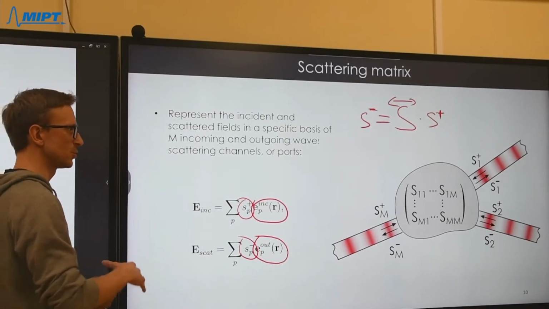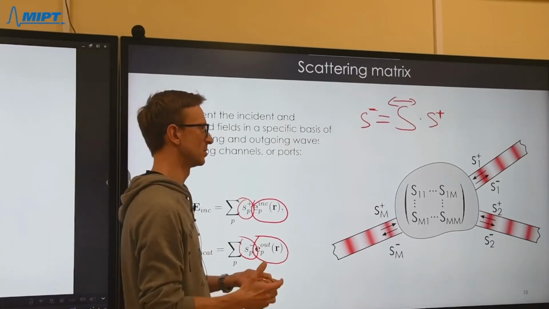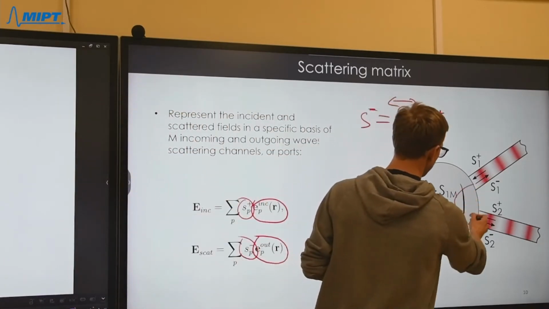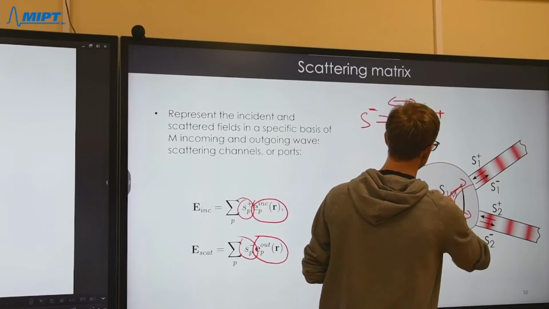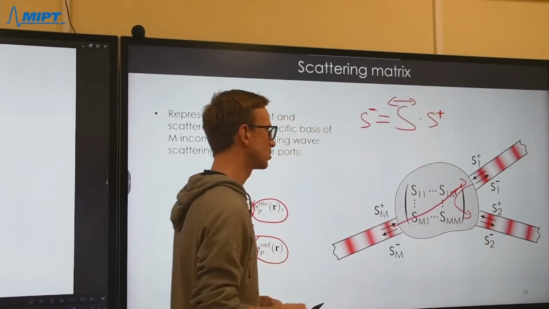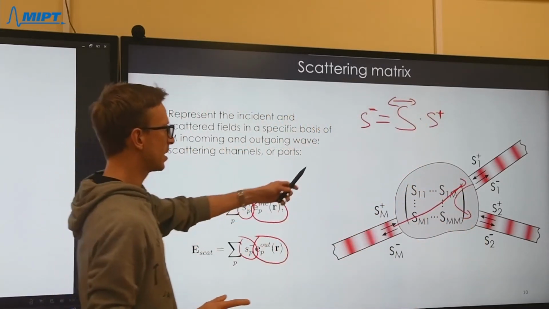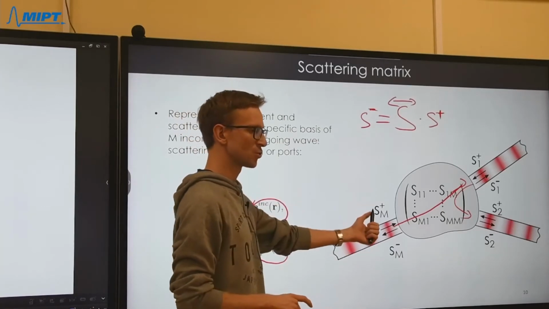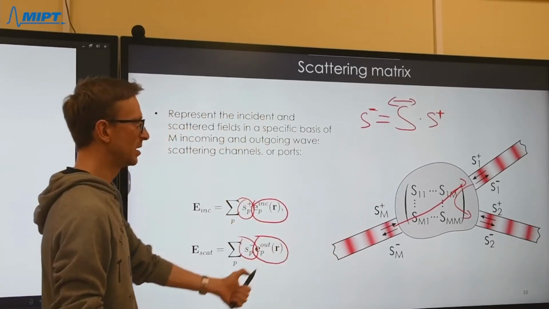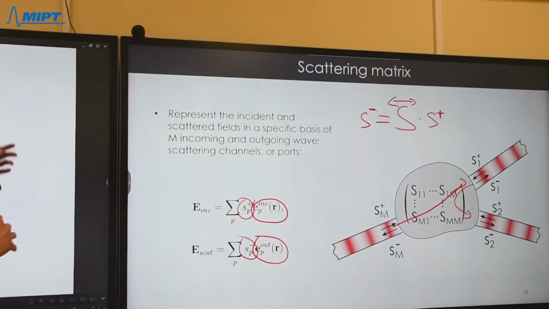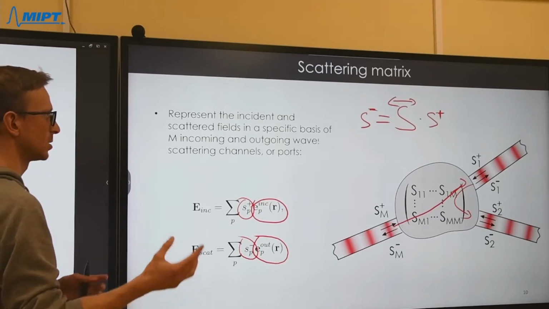Energy gets redistributed between different channels. So energy goes from here to here, maybe some will get absorbed, and so on and so forth. And these elements of the S matrix describe exactly the way in which electromagnetic energy gets redistributed between different channels, from channel N to channel M, and so on and so forth.